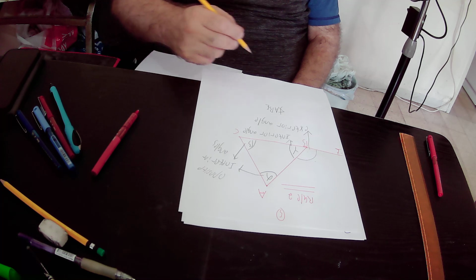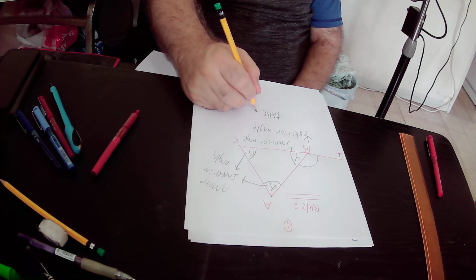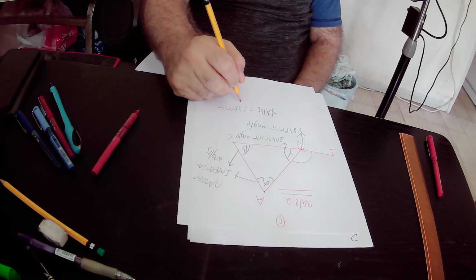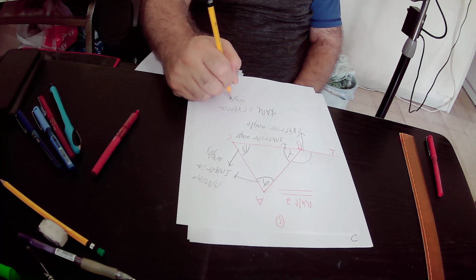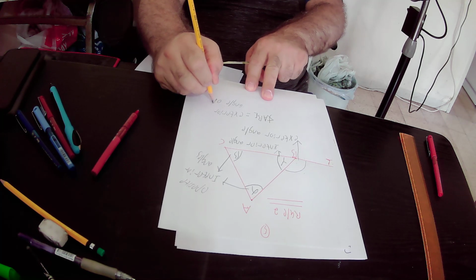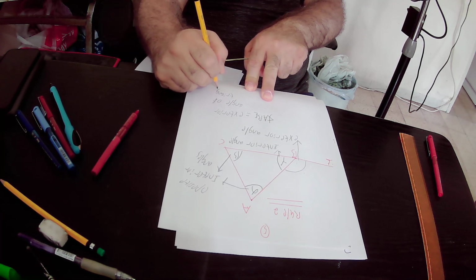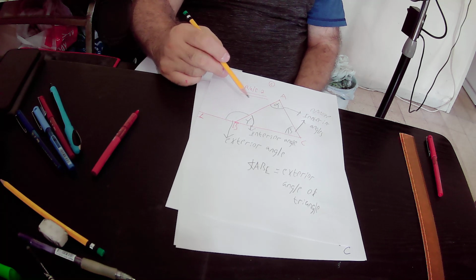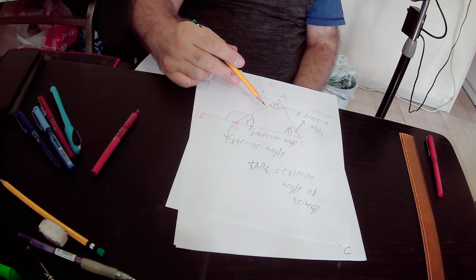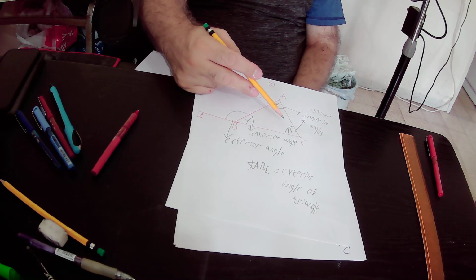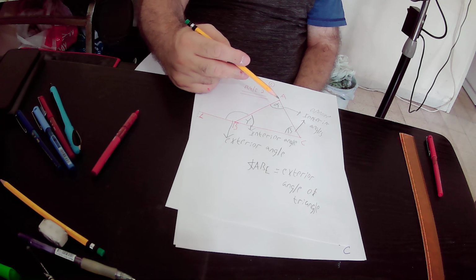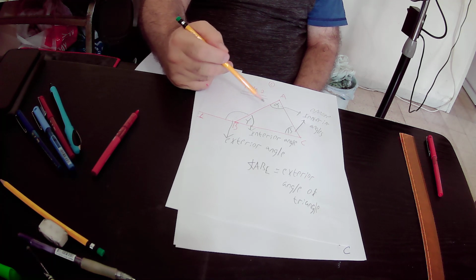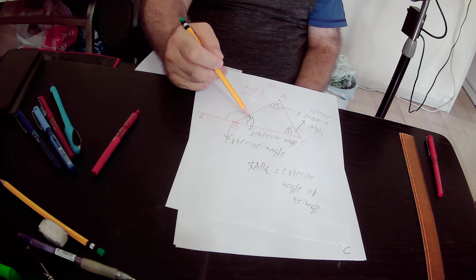Again, angle ABL is the exterior angle of triangle ABC, while angles alpha, beta, and gamma are interior angles of triangle ABC, and angles alpha and beta are defined as opposite interior angles in relation to angle gamma because they are located on opposite sides of angle gamma.